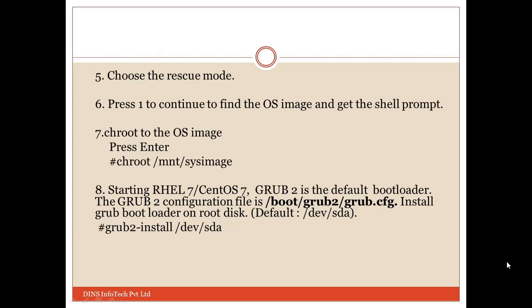Okay, here we need to install the grub2 bootloader on the default disk using grub2-install /dev/sda. By default /dev/sda is available.